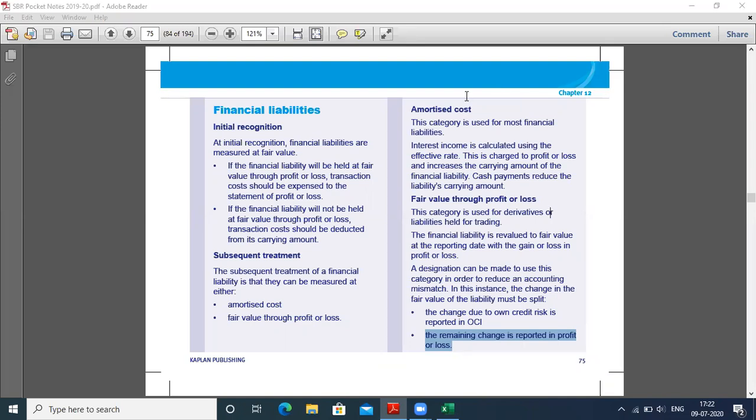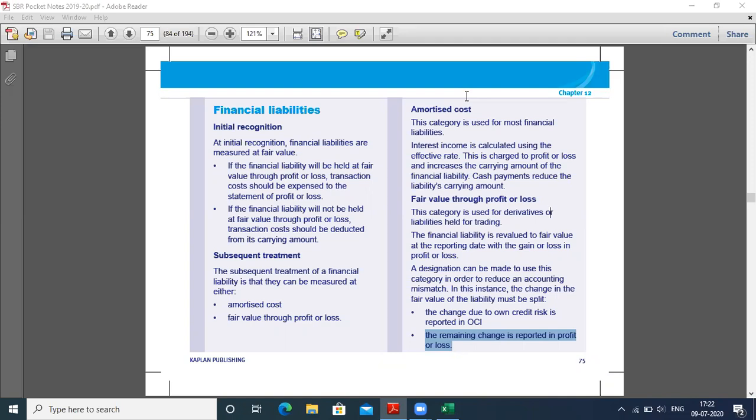Now here, why we are discussing the credit risk concept is, we are recognizing the financial liability for a subsequent period on the basis of fair value. Fair value means it completely relates with the present market condition.